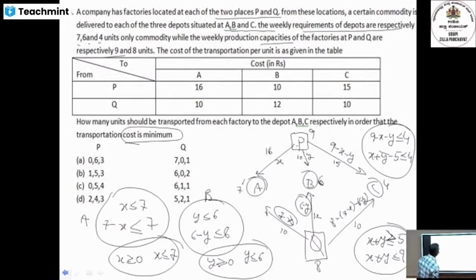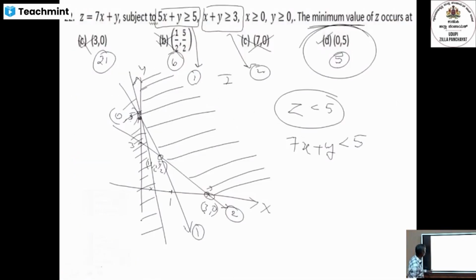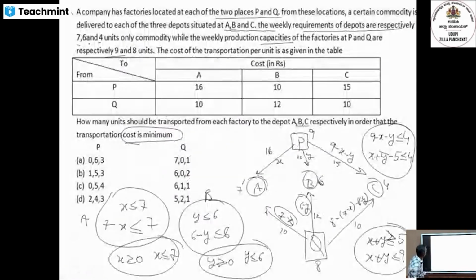The cost function. Yes, there are the points A, B, C.